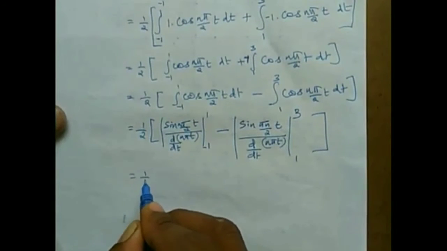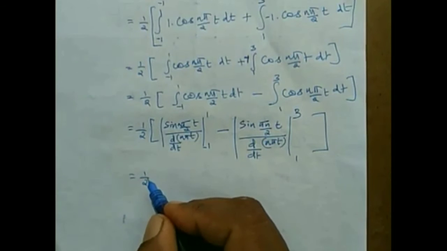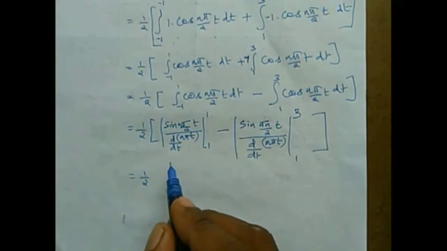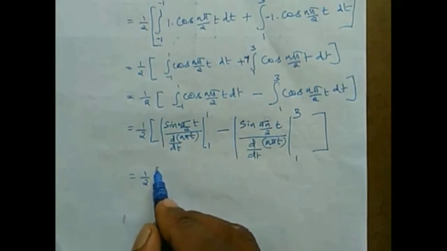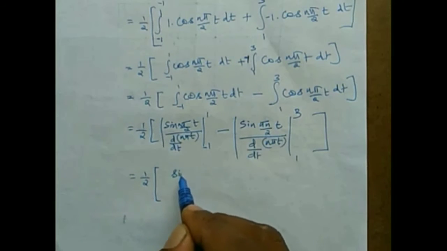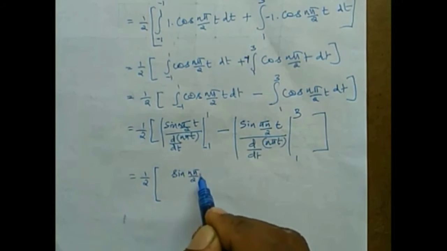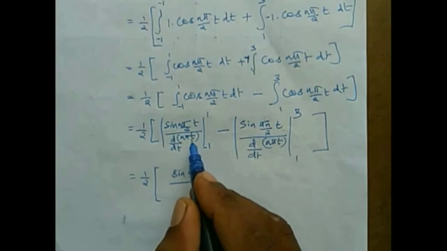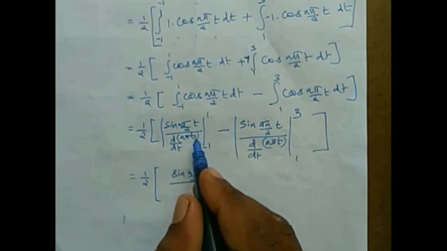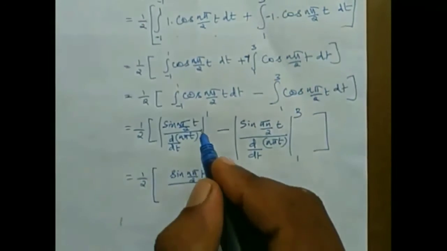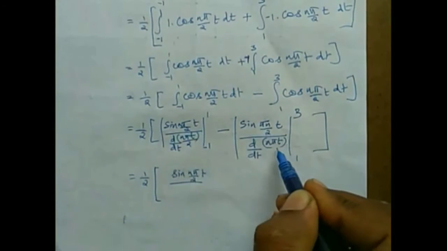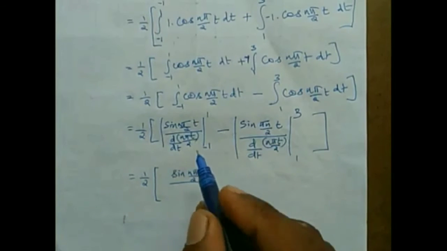Now this one is equal to 1 by 2 sin n pi by 2 t divided by d by dt of n pi by 2 t. Sorry, the by 2 is missing here, on both sides.